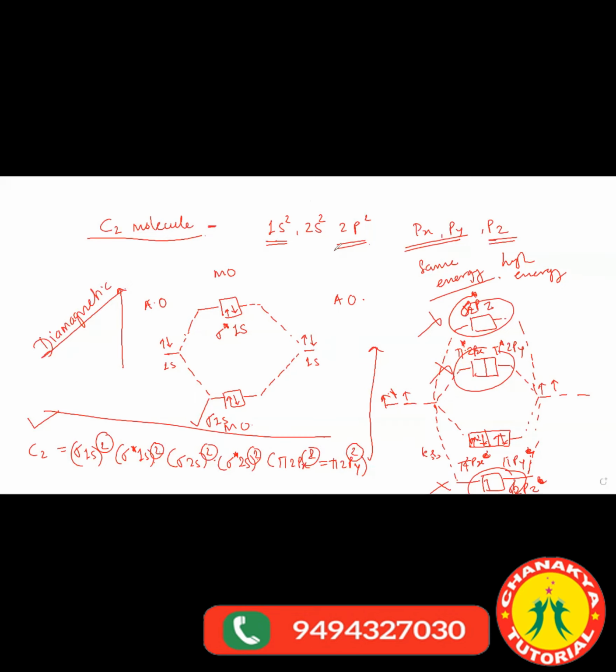So this is about the carbon molecule. And bond order, how do you calculate it? Bond order is equal to 1/2 into bonding electrons minus anti-bonding electrons, right?